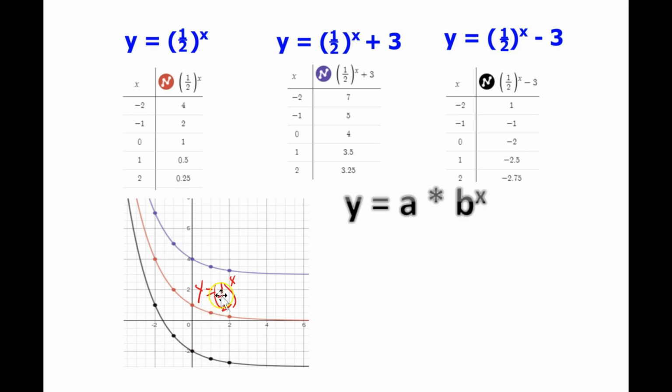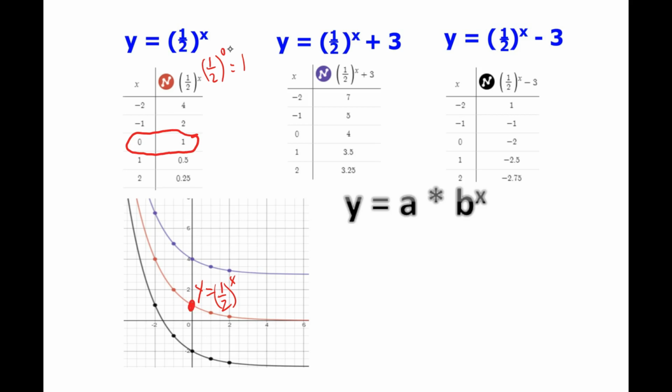I taught y'all that. So y is equal to (1/2) to the x power. Let's see what happens when we put in 0. Anything raised to the 0 power is 1. So here is our wonderful y-intercept right there.